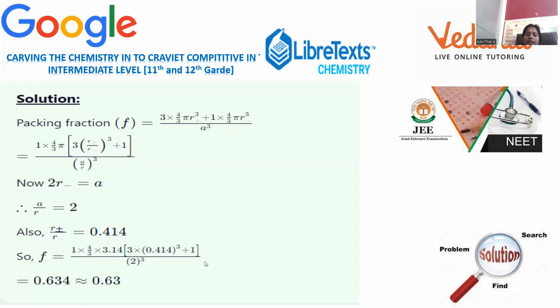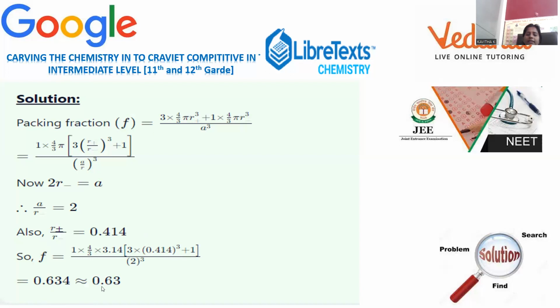And the plus 1 remains as such. A by r is given by 2, so the denominator will become 2 to the power 3. After calculating the entire numericals, we will get the value as 0.634.